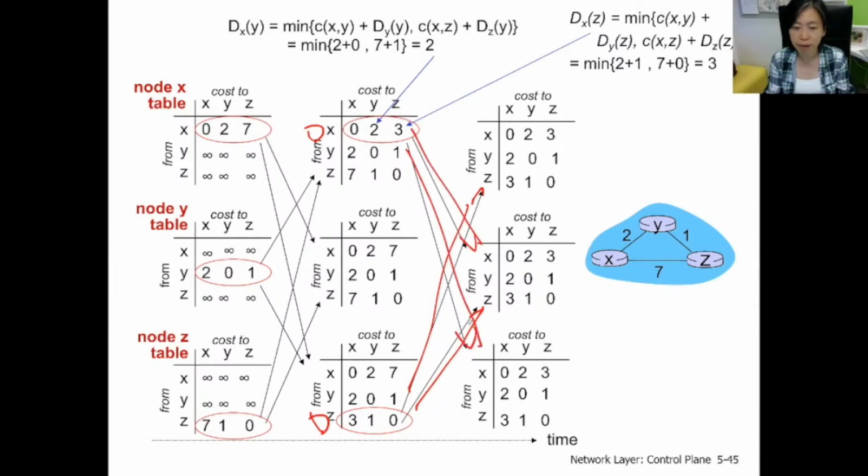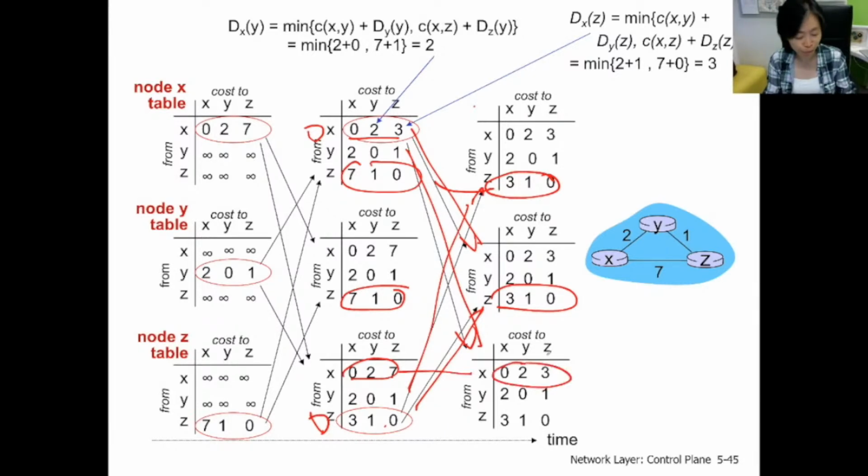Node x receiving the update is going to replace this with a new distance vector. Just like y here, this vector is going to be replaced with a new vector from z. Similarly, this vector here is going to reach z, and z is going to update from 027 to 023.